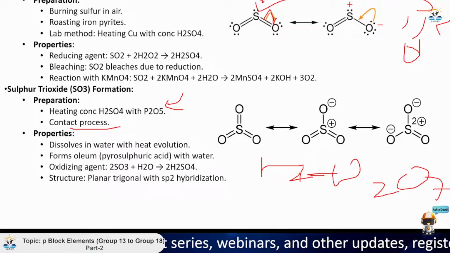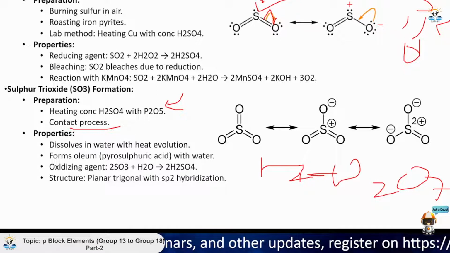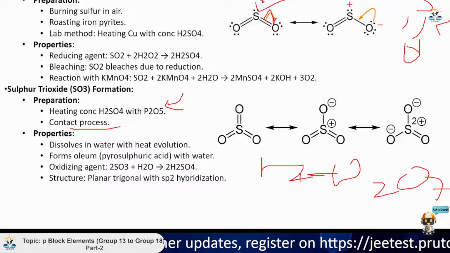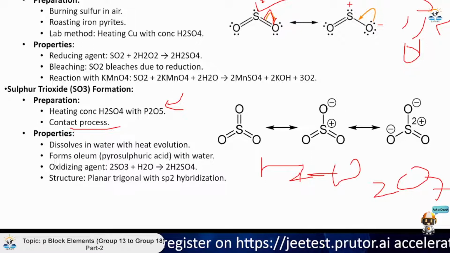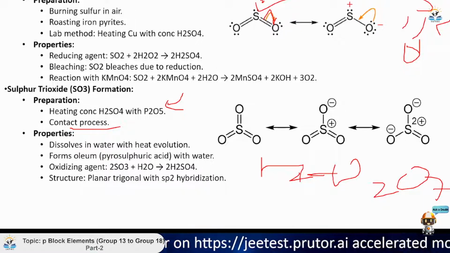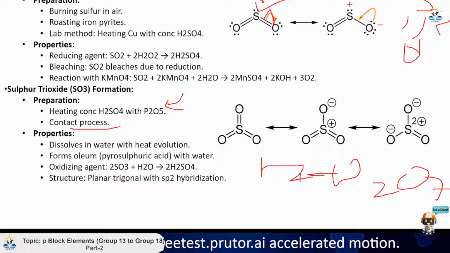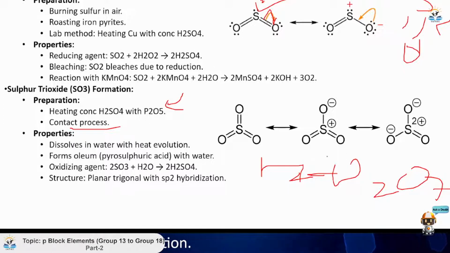At that time, we use this sulfur trioxide, and we hydrolyze it, and we get oleum, right? And this too has oxidizing properties, so it is an oxidizing agent, and obviously it has sp2 hybridization, so it will have a planar trigonal geometrical structure.